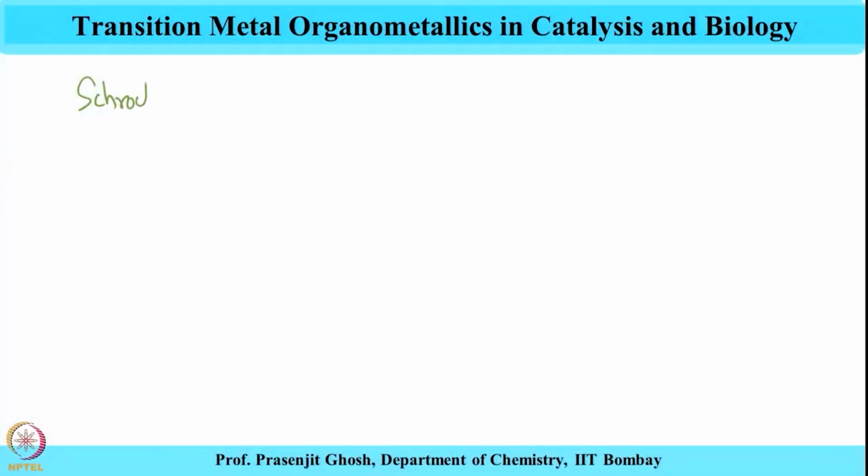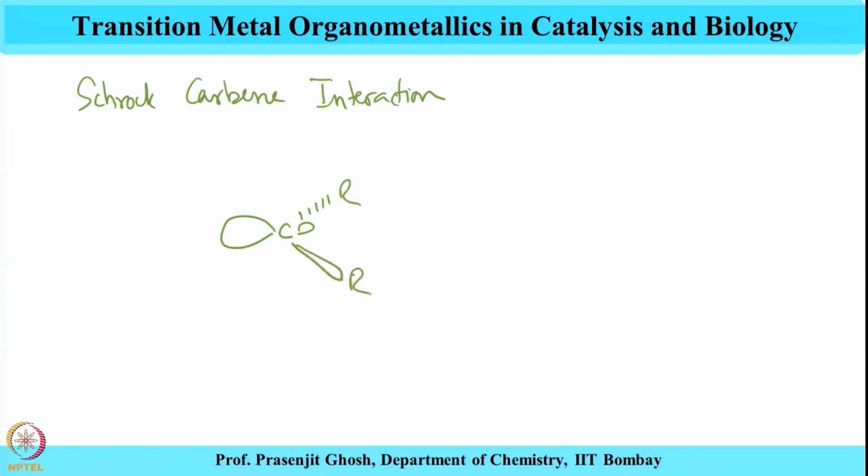Similarly, we are going to look at the interaction of Schrock carbene with the metal center. Now, in that case both the sp2 orbital as well as the pz orbital will have a single unpaired electron.